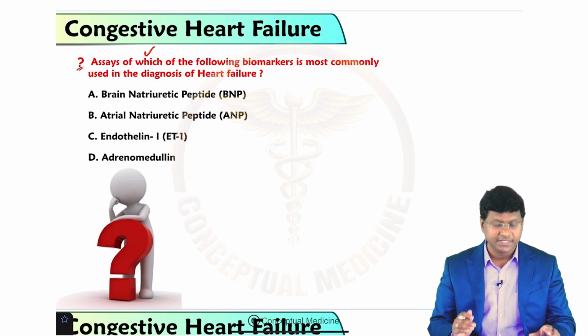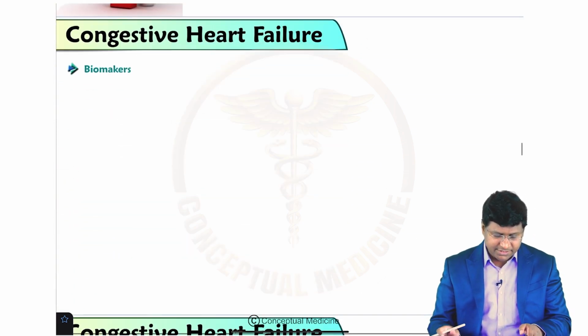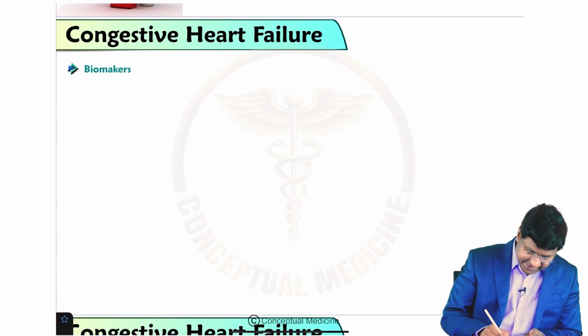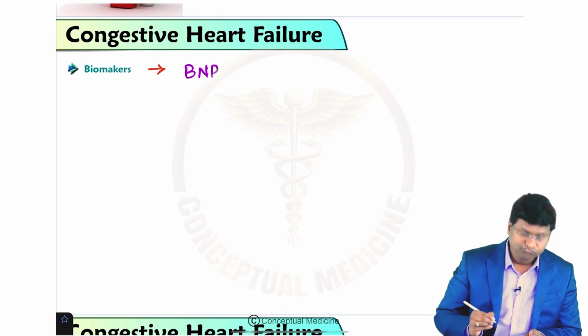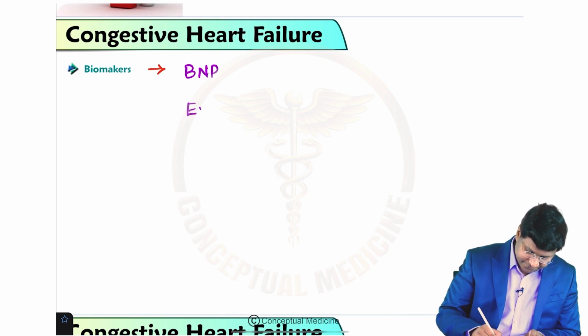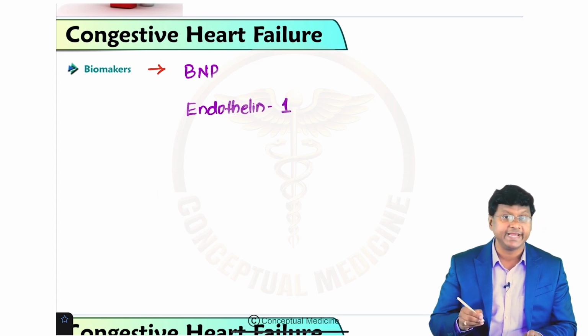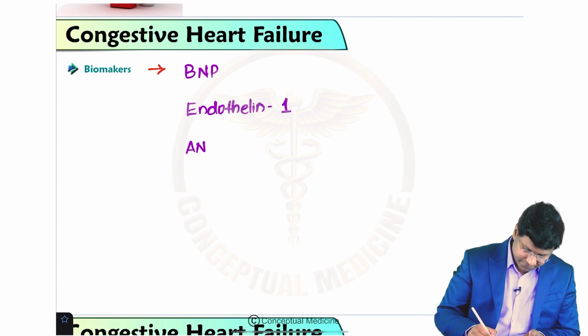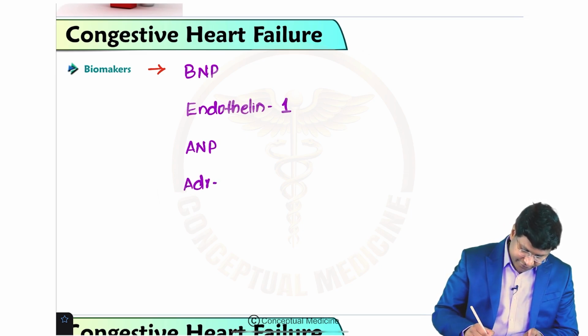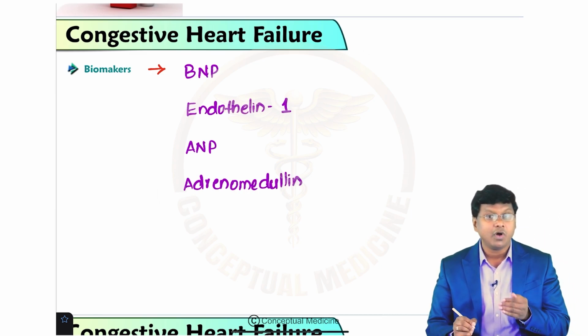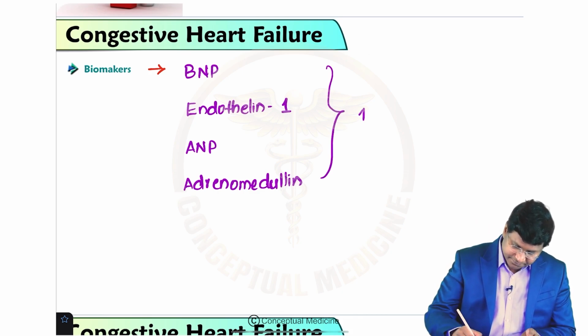So in the discussion of the biomarkers, the levels of brain natriuretic peptide, levels of endothelin 1, levels of atrial natriuretic peptide, and levels of adrenomedullin, all these are increased in patients with heart failure.